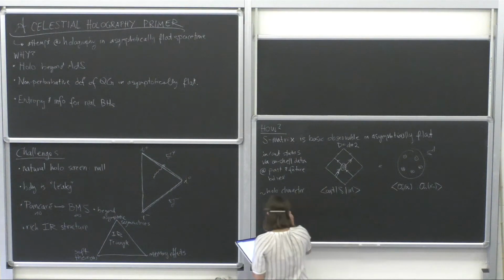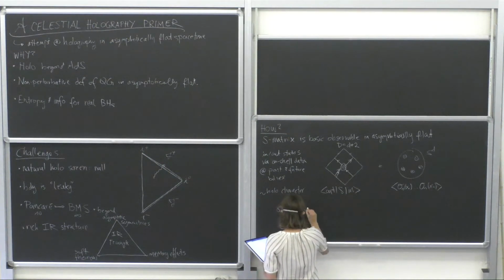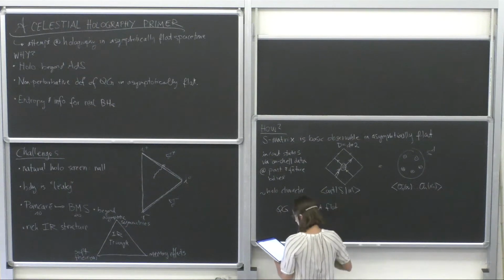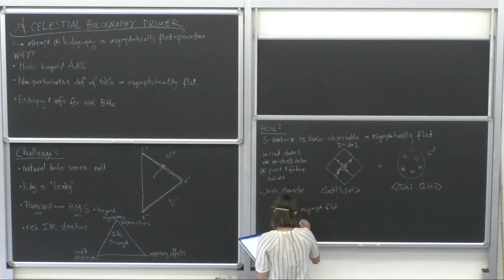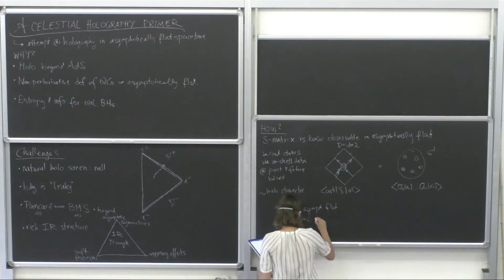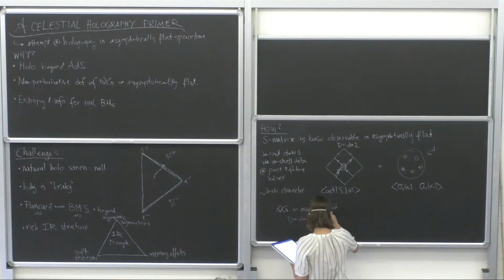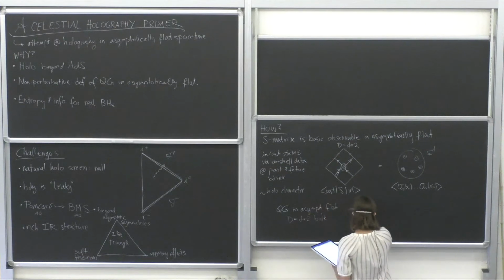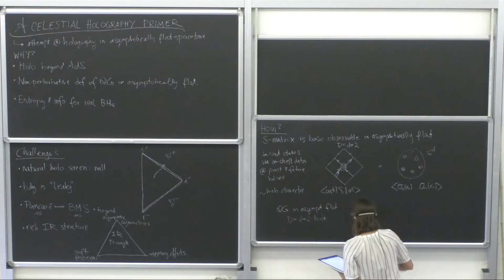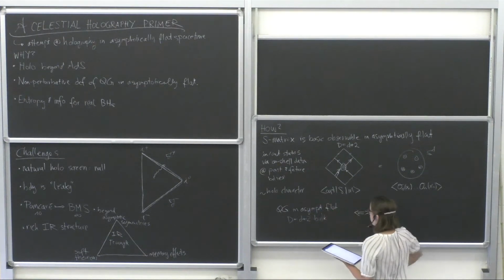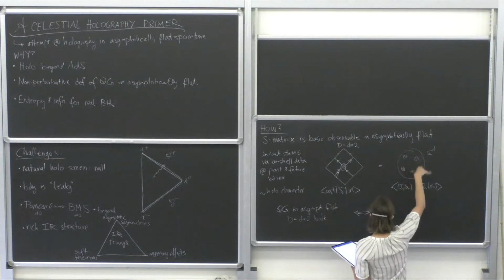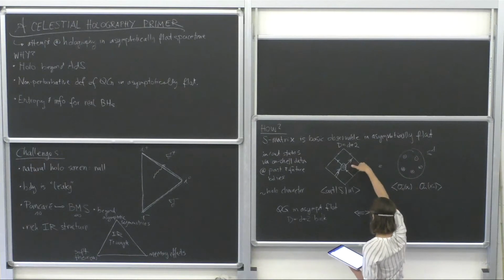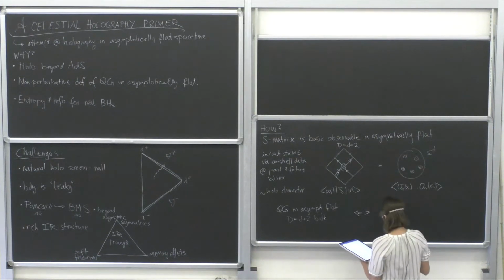And what this suggests is that quantum gravity in asymptotically flat space, let me say capital D dimensional bulk, so the proposal is that quantum gravity in asymptotically flat space in D bulk dimensions is given by a theory on the boundary, on the null boundary of the spacetime, namely on this sphere.